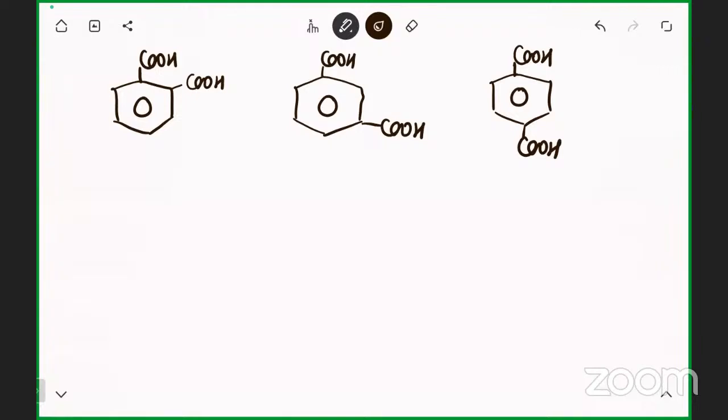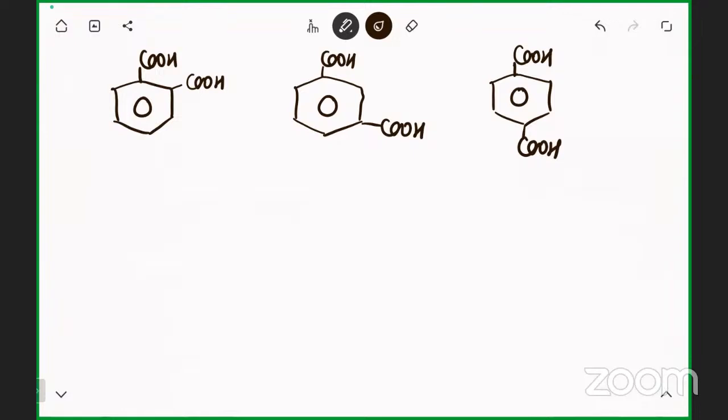Yes, first one. 1,2 dicarboxy benzene, sir. 1,2 dicarboxy benzene. Okay, what else? Instead of that, you can write the common name.